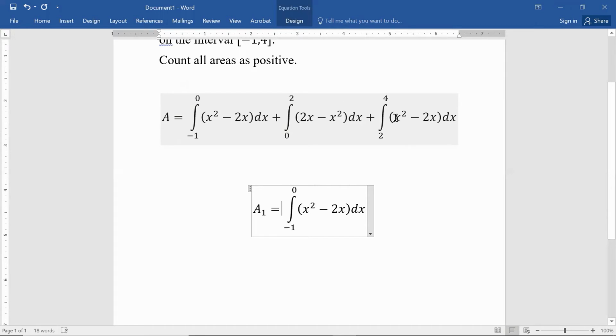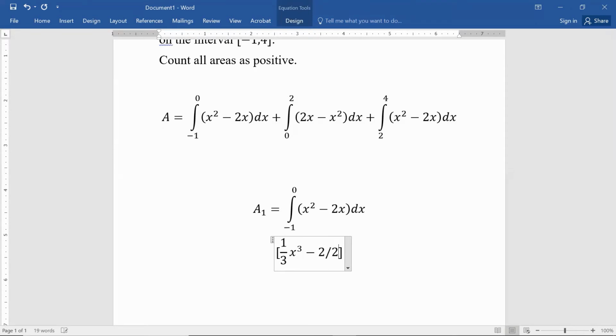And then I'll add up the 3 areas. Let's go ahead and do this first one. When I take the antiderivative, I'm going to get 1/3 x to the third minus 2/2 times x squared plus any constant that I want. 2/2 is just 1, so I can leave that off. Going from -1 up to 0.